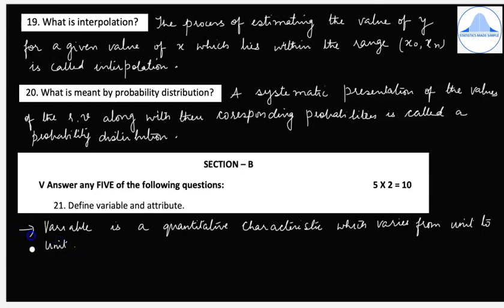Whereas an attribute is a qualitative characteristic which varies from unit to unit.